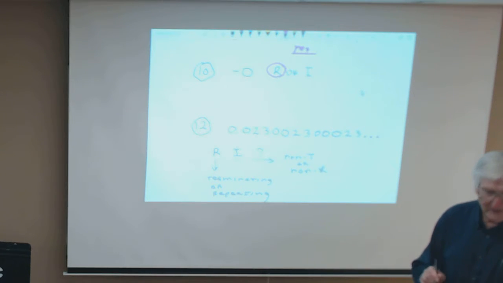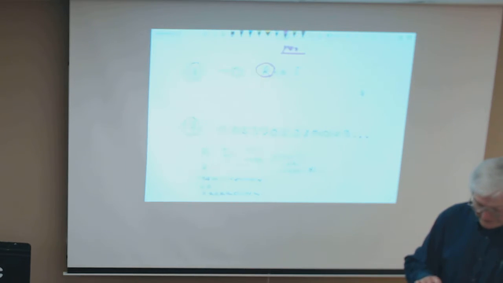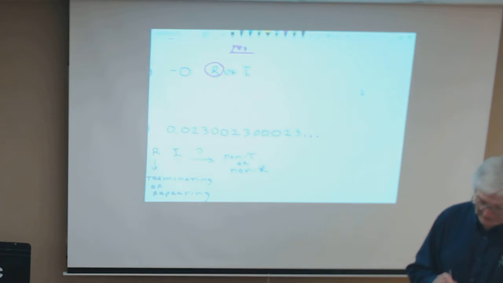Now, do you see a pattern in number 12? In other words, could I come over here and say, hey, I know what to write next. This was 023, 0023, 00023. That means it'll be 0, 0, 0, 023. Everybody follow what I'm doing? Dot, dot, dot.